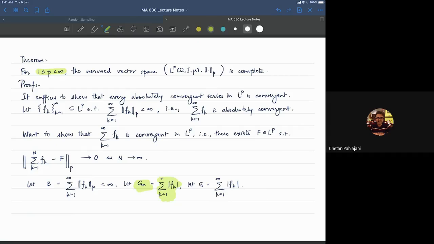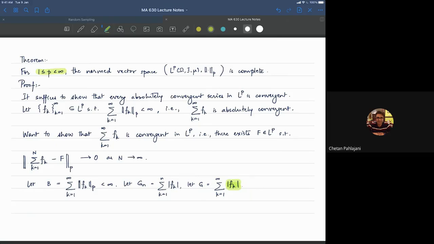Now, I have shamelessly written G here, and you may ask why I wrote it without being sure that it exists. Remember, this function is quite well defined because I'm taking absolute values of f_k.